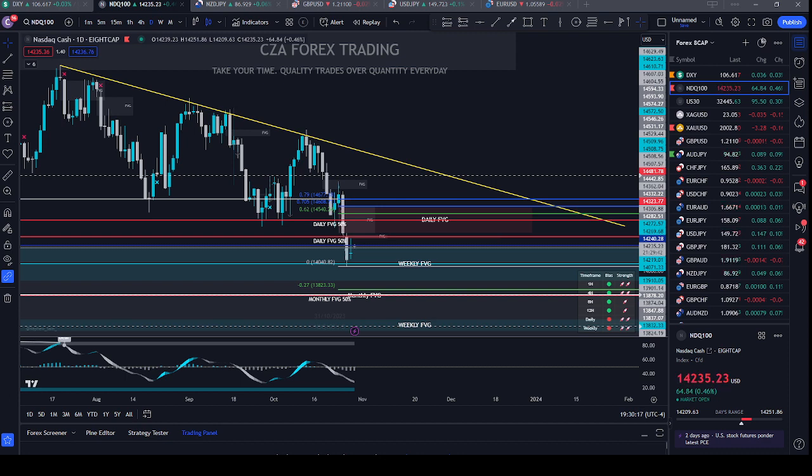Higher time frame trend, monthly, weekly, daily, bearish. Lower time frame, it's going to be bullish. So it falls in line with it forming a retracement to get more liquidity and continue with the trend. So I personally am looking for an entry into the bearish movement when it comes to that retracement.